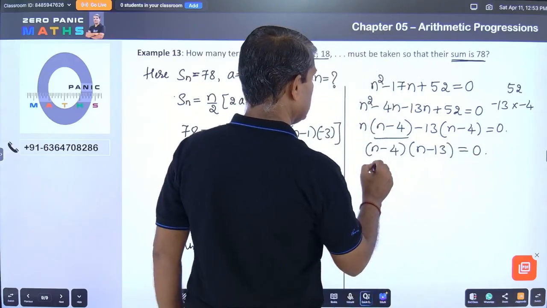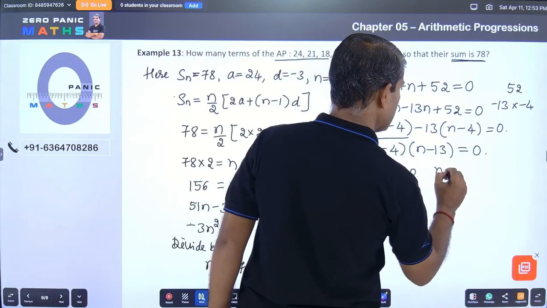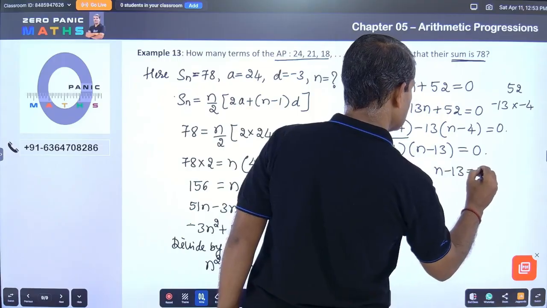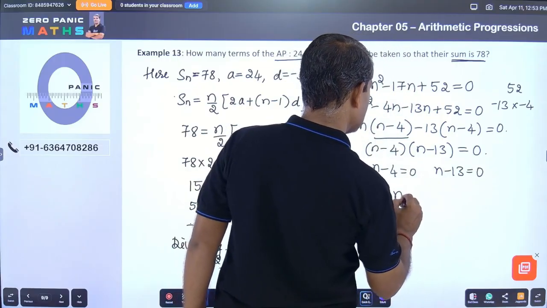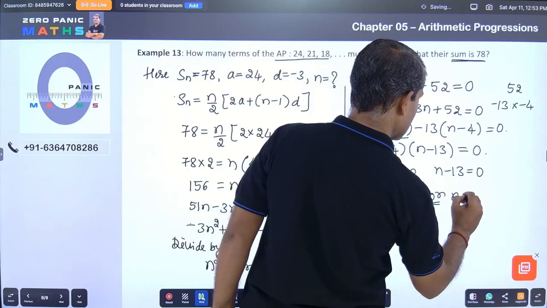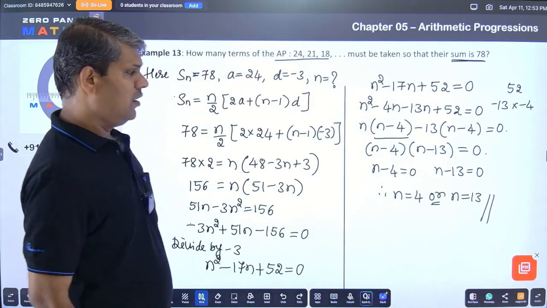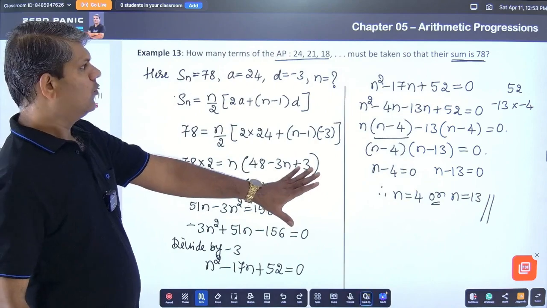So n minus 4 is equal to 0, or n minus 13 is equal to 0. Therefore n is equal to 4 or n is equal to 13 is the value for n.